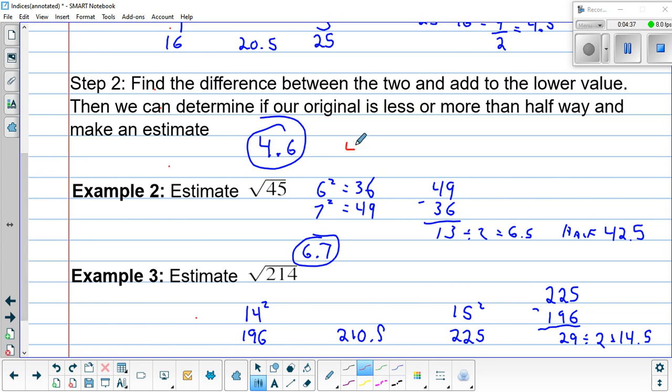I'll do the actuals in red. The square root of 45 then is 6.708. So very accurate. And lastly, the square root of 214 is 14.62.